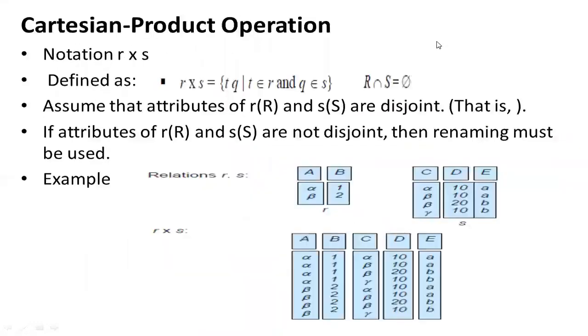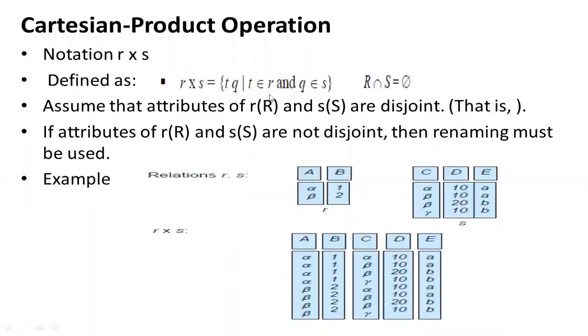For the Cartesian product, you need to have a minimum of two tables. In this example, you have taken two relations, R and S. You already know that when we say relation, it refers to a table. So the condition is that table R and table S have T and Q attributes, where T is the number of attributes available in the R table and Q is the number of attributes available in the S relation.